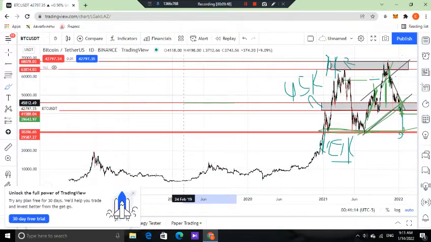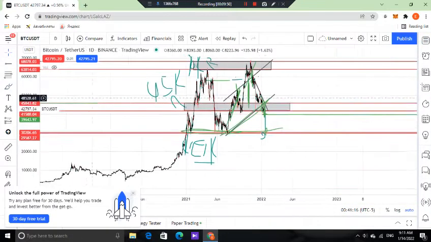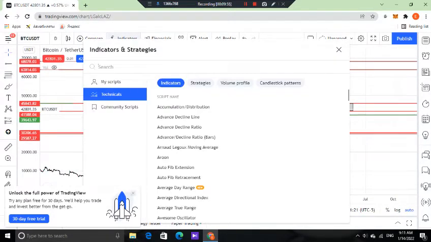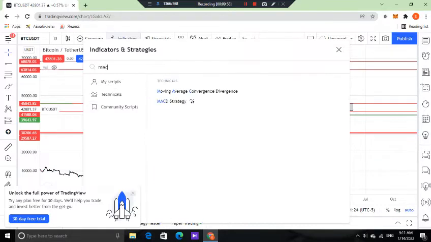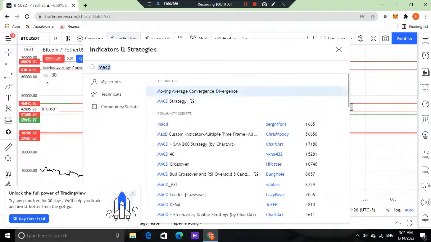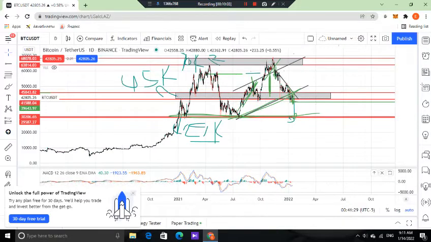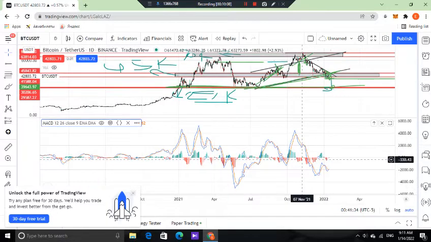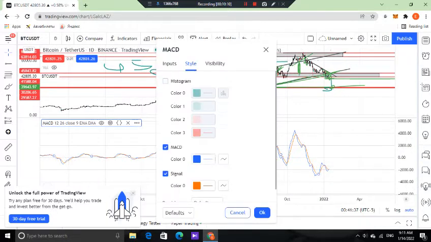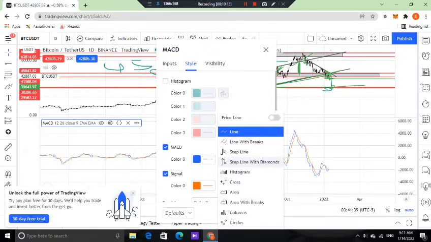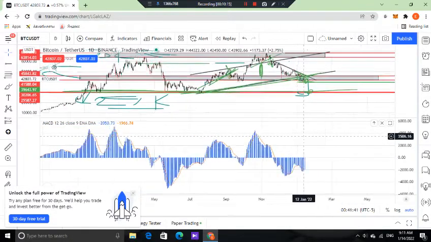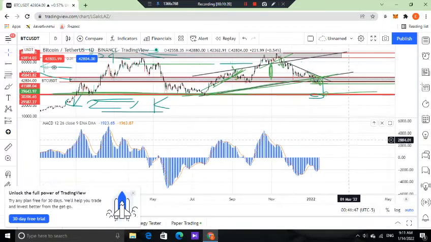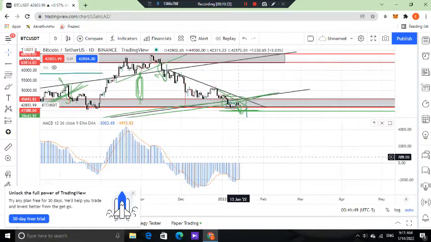I also like to use MACD. There might be a divergence here.